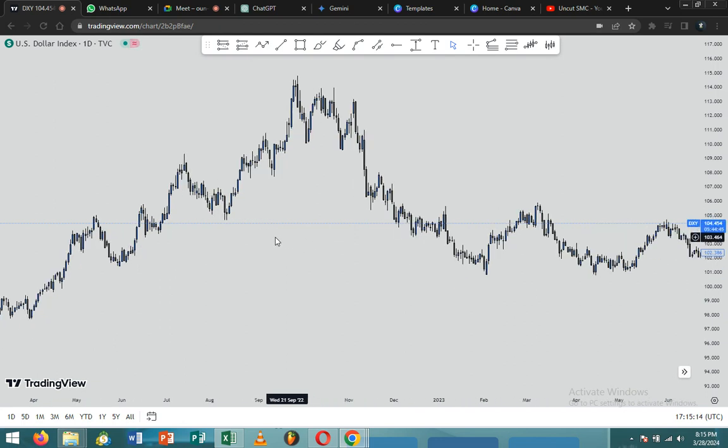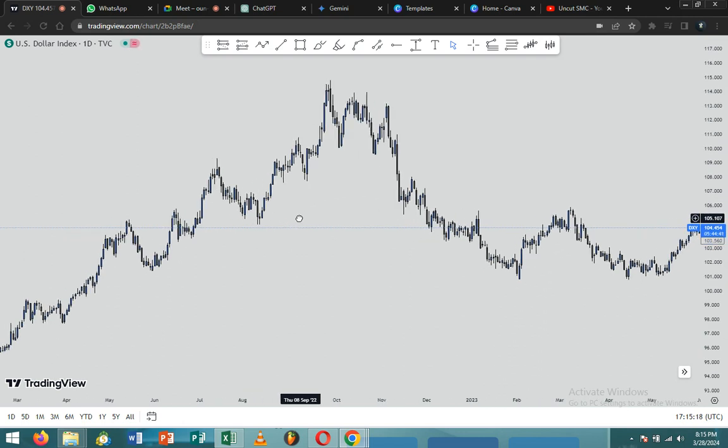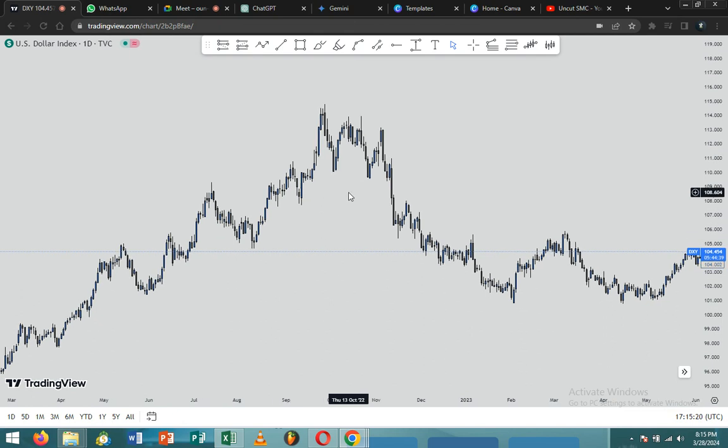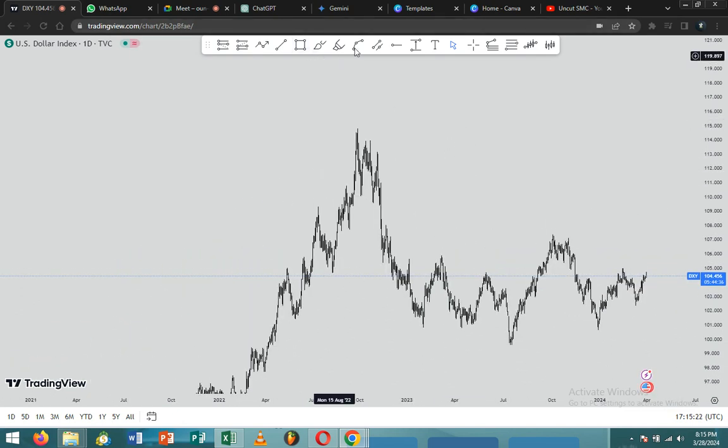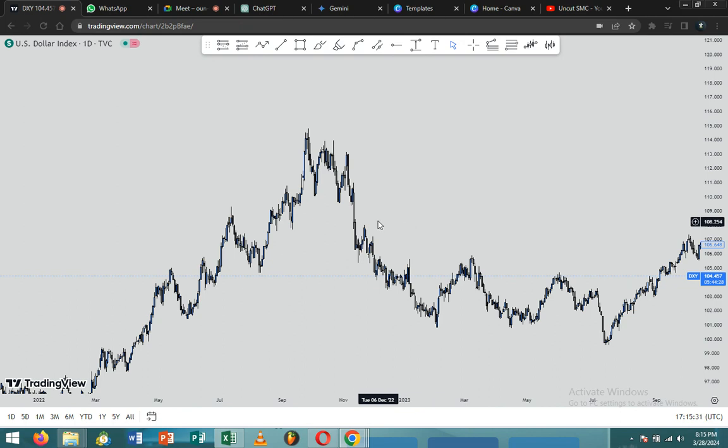Here I'm looking at a turning point so we can start our analysis from there. This one is the peak, if you can observe this clearly. We're going to use that one as our turning point.